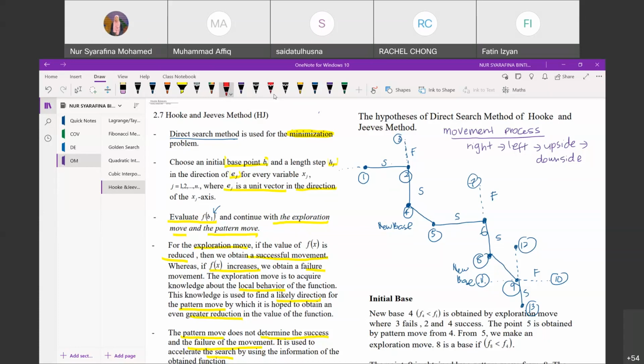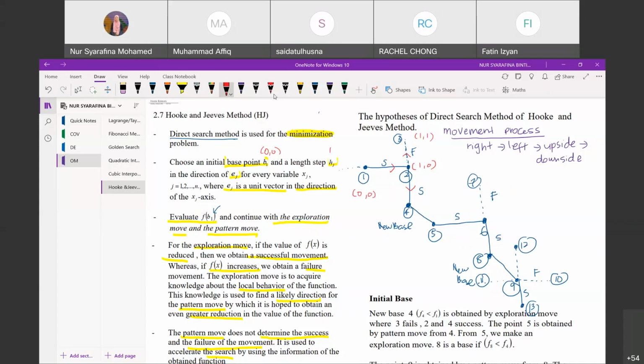Let's say this new base is 0, 0 and step length h equals 1. That means it moves one step. So here is 1, 0. And then another movement, one step. Here is maybe 1, 1. So this is how we move.